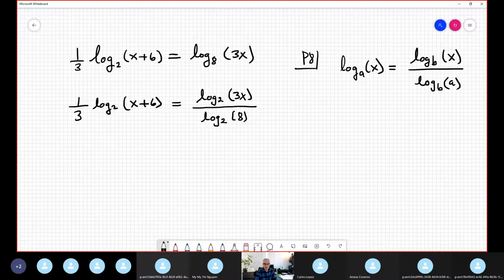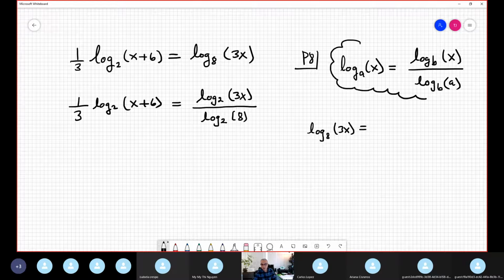Can you explain again how you got the logarithm 2 and 3x, like that part? This is our original expression I have. Using that formula, my goal is to change from the base 8 to the base 2 because I would like to have the same base, 2 and 2.